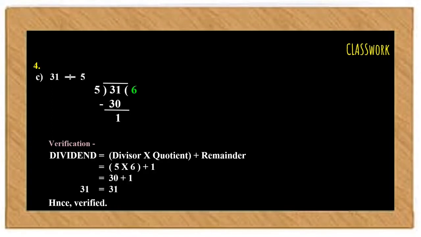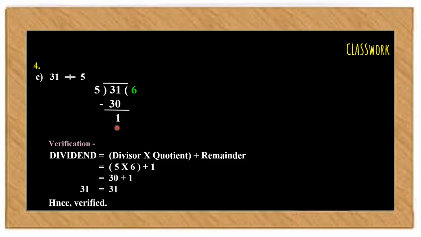We will see one more example. In question C, we have 31 divided by 5. From the table of 5, we know that 31 cannot be found in the table. So, we write 5 into 6 giving us 30, which when subtracted from 31 gives us 1 as the remainder.